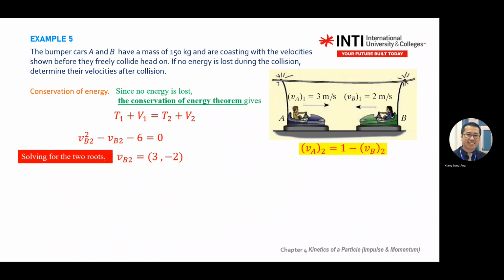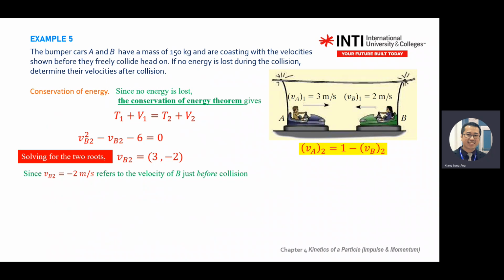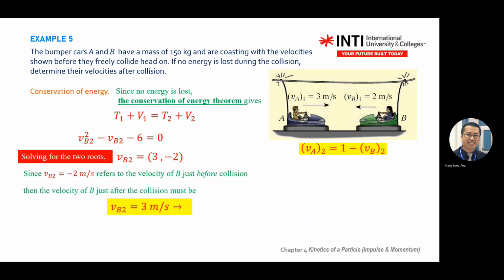So VB before the collision will be negative. After is 3. So you have two values.